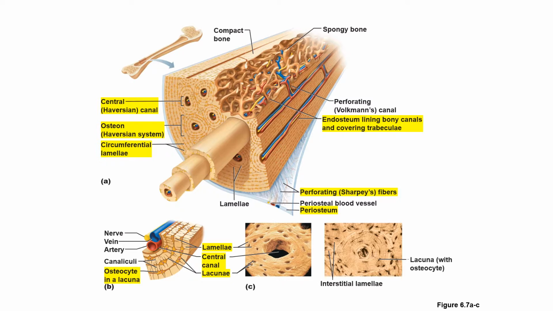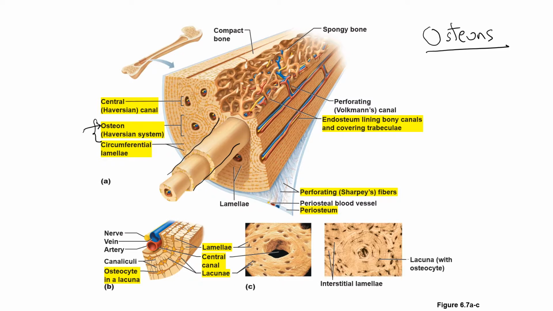Compact bone is bone tissue organized into small microscopic columns called osteons or Haversian systems. Osteons are built along the lines of stress of the particular bone.